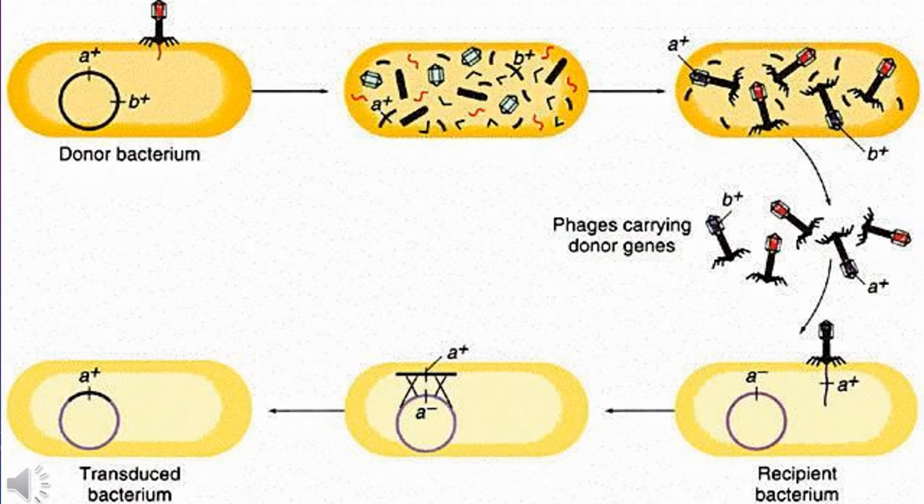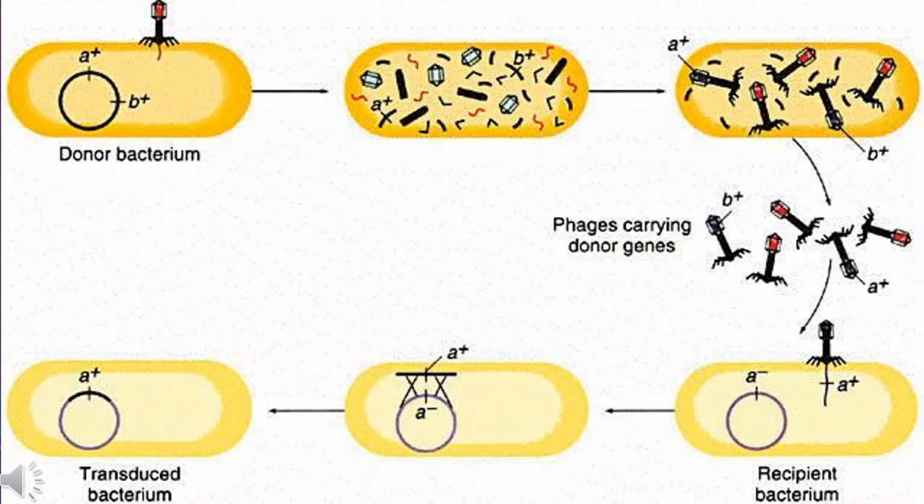Then after the maturation of these phages, they will be released from the bacterial cell. And this bacterial cell will undergo lysis, leaving the cell dead open. Now, all of these phages carrying this DNA will infect other bacterial cells.